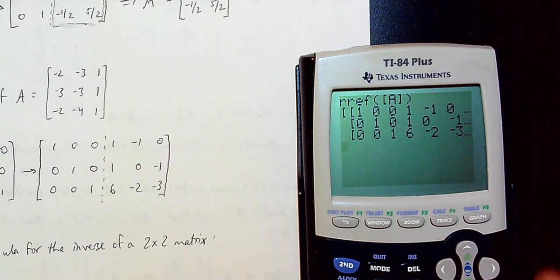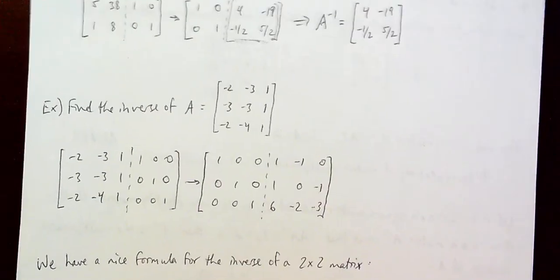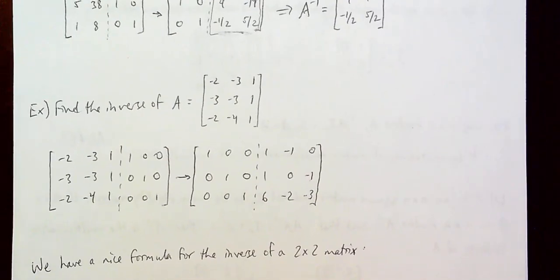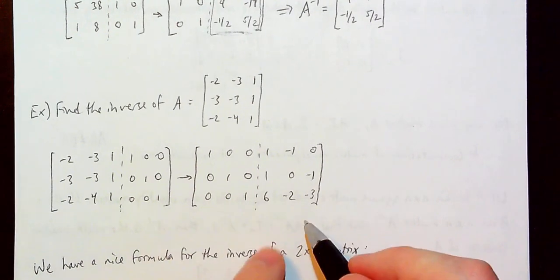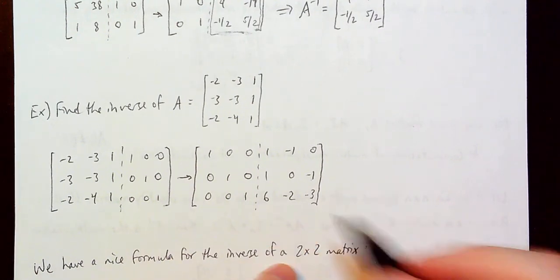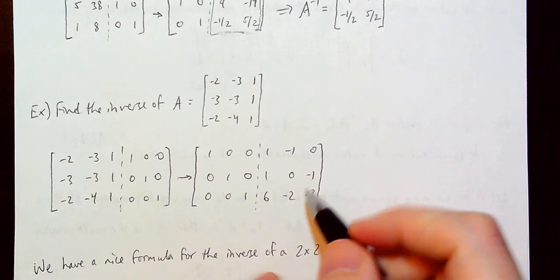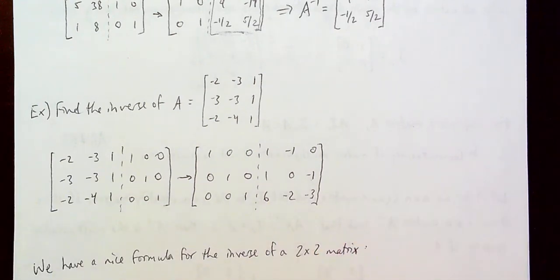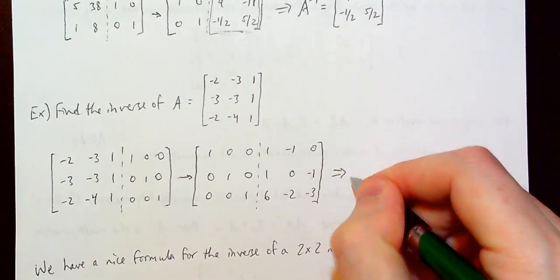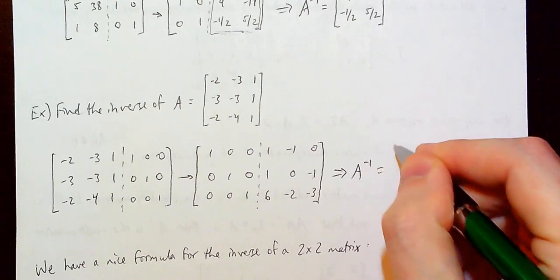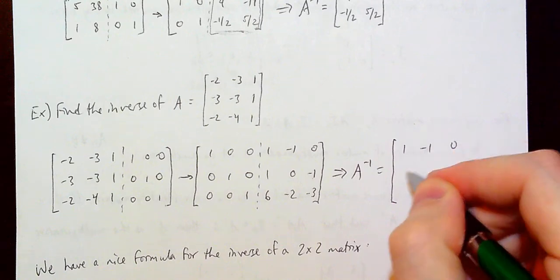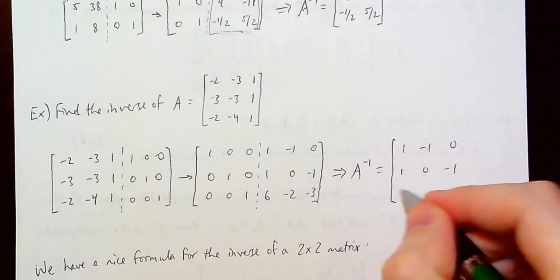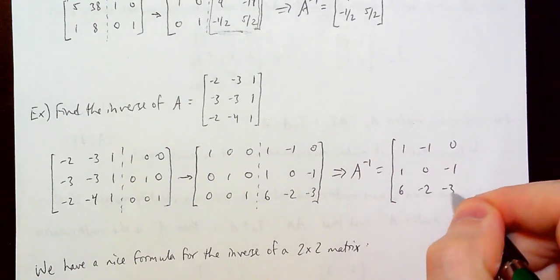So now, again, you can see that this is in that nice form of the 3 by 3 identity matrix, and then some matrix of stuff after that. This right half, everything to the right of that dashed vertical line, is going to be our inverse matrix. So 1, -1, 0, 1, 0, -1, and 6, -2, -3.